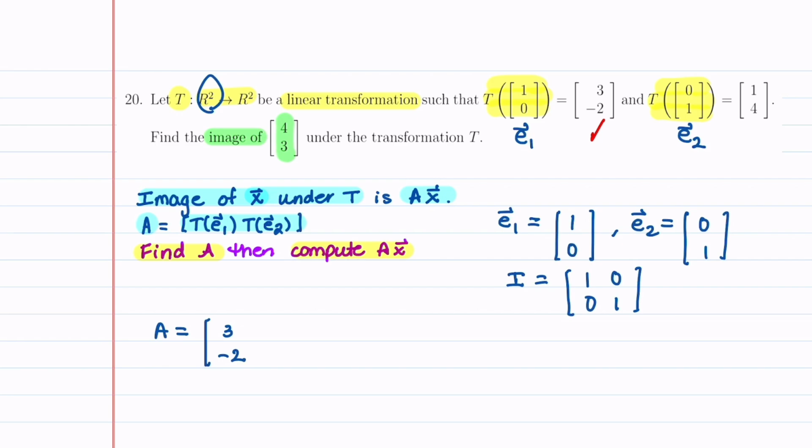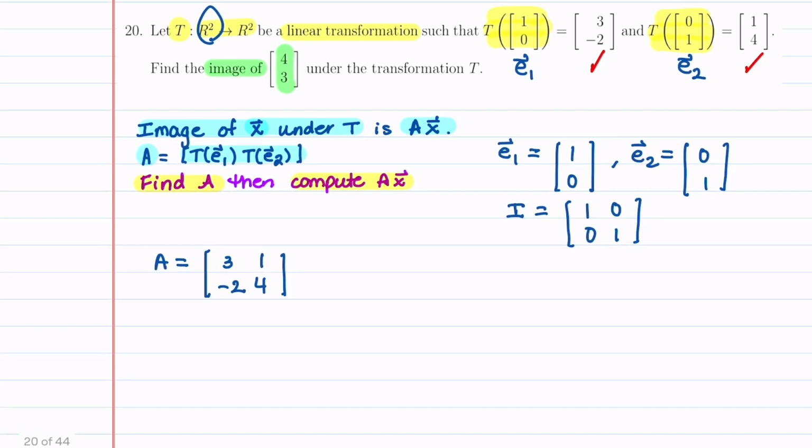And then our T of e2 is that vector, and that's 1, 4. So we have our matrix A, and now all we have to do is find the image of (4, 3) under our transformation. So we're going to take A, and we're going to multiply it by x, which is our vector (4, 3). So let's write down A, 3, 1, minus 2, 4. And we'll multiply it by vector x, which is (4, 3).